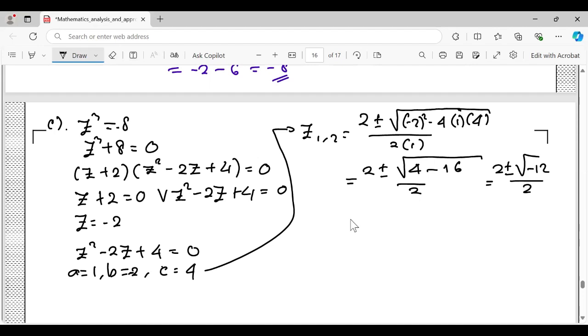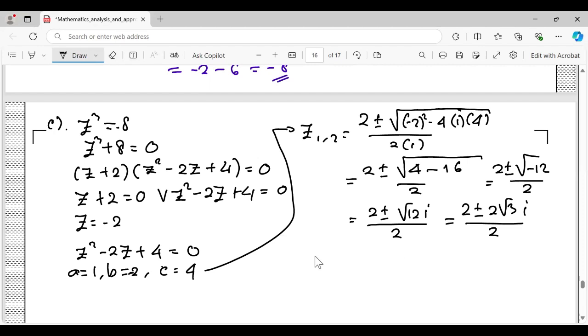So it's going to be 2 plus minus square root 12 times square root minus 1, but I'm going to write i. Okay. So next, 2 plus minus 2 square root 3 i over 2.